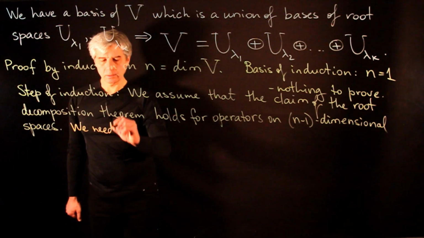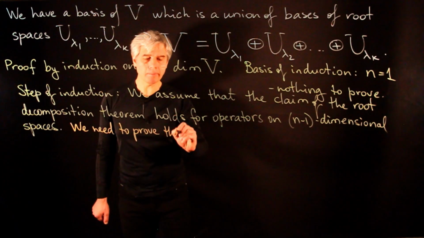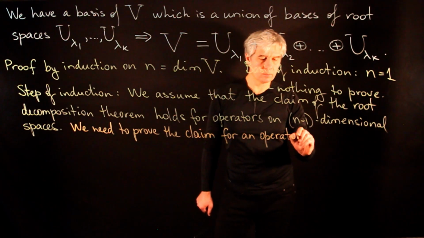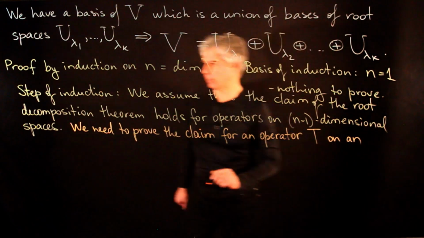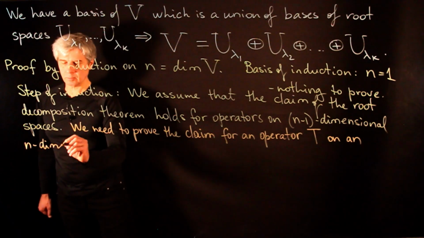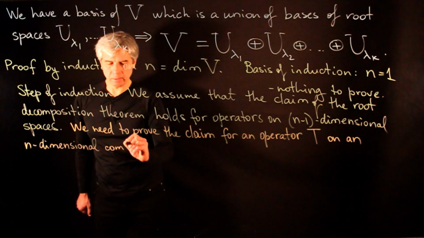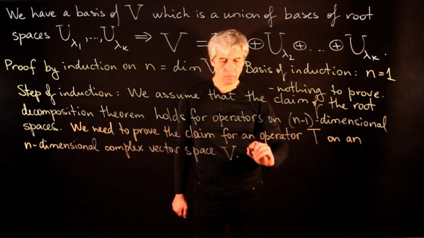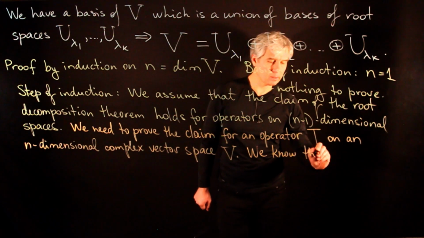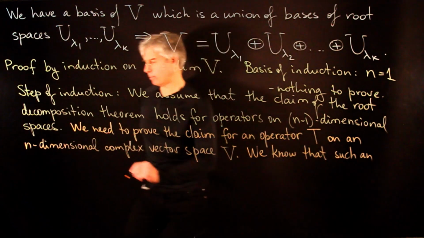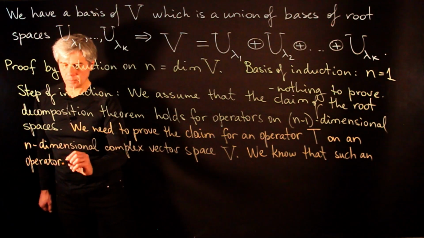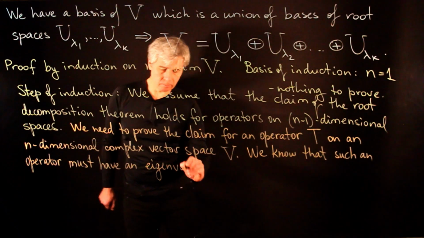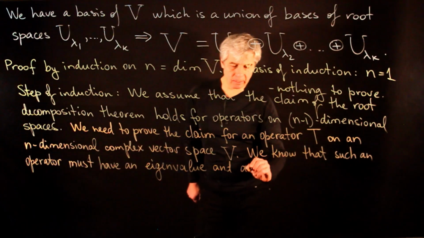We need to prove the claim of the theorem for an operator T on an n-dimensional complex vector space V. We know that such an operator must have an eigenvalue and an eigenvector.